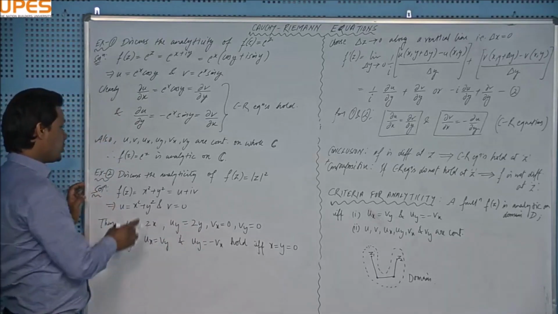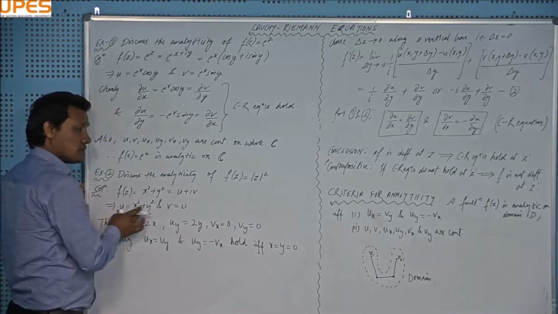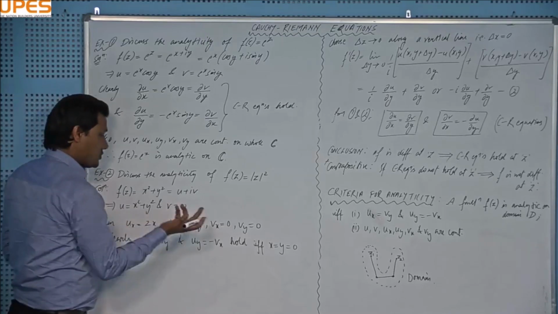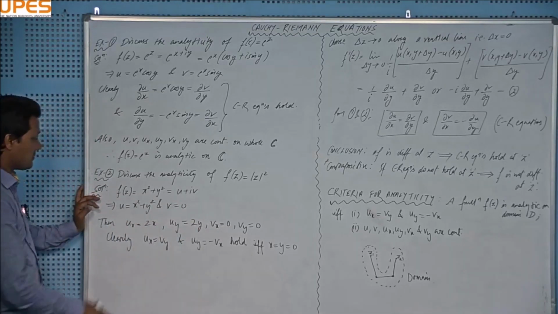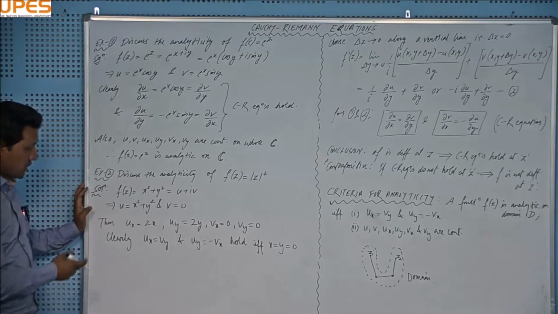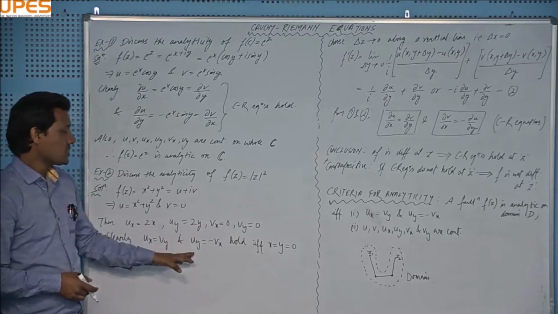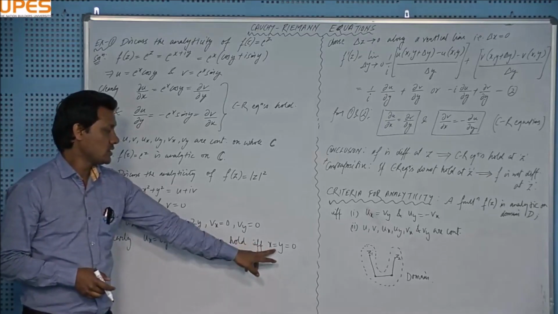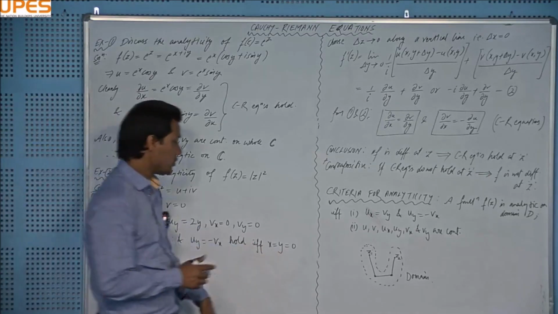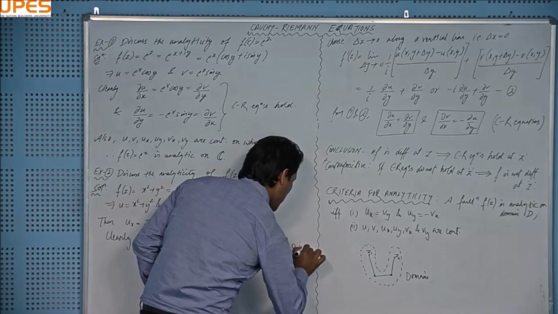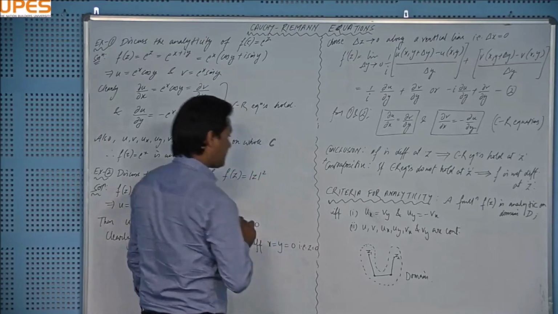And obviously u is a continuous function, and v equal to 0 is also a continuous function, and the partial derivatives are also continuous, right? And the Cauchy-Riemann equations are satisfied only at one point, x equal to 0, y equal to 0, that is z equal to 0.